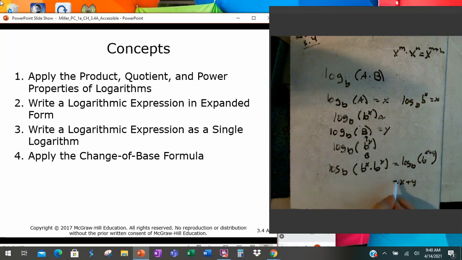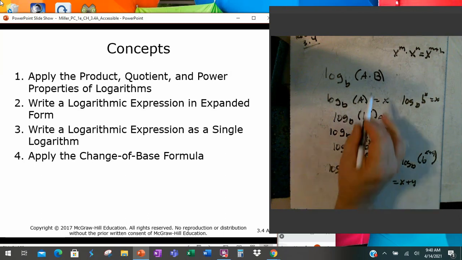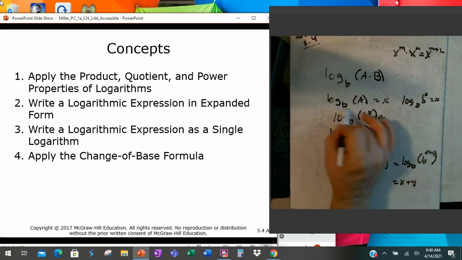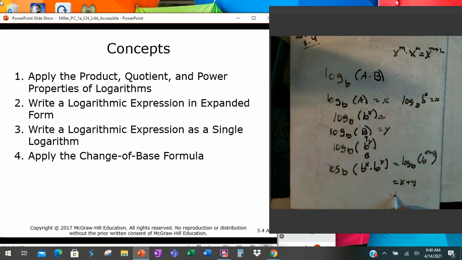Okay, and that is the log base b of a. That's this piece. This x was the very same thing as log base b of a. This was log base b of b.